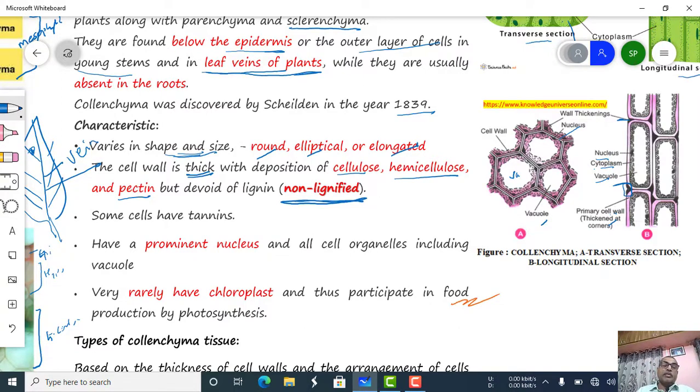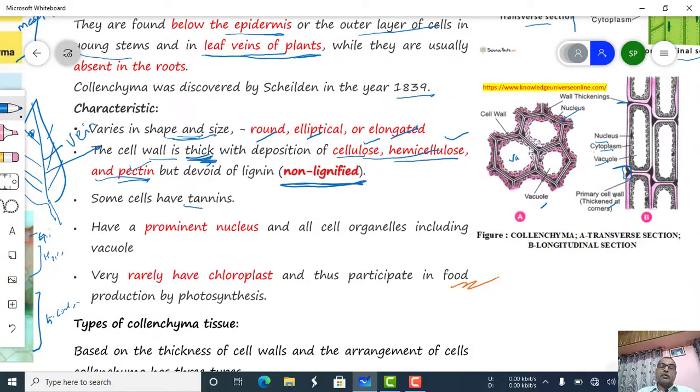Collenchyma cells are formed by means of cellulose, hemicellulose, and pectinous substances. These chemical substances are deposited in the collenchyma cell, and the cell wall becomes thick due to the deposition of cellulose, hemicellulose, and pectin.